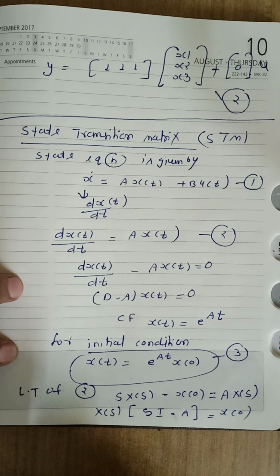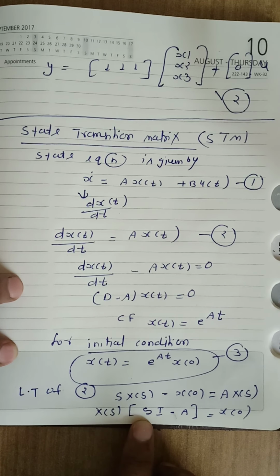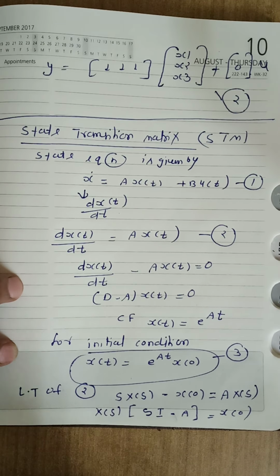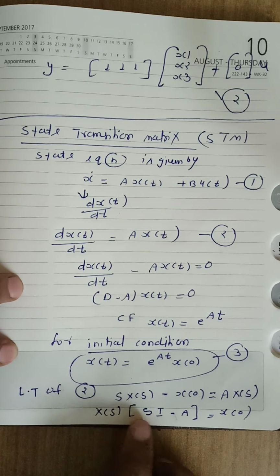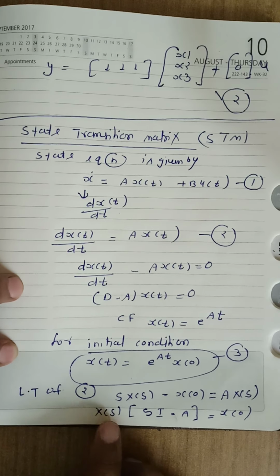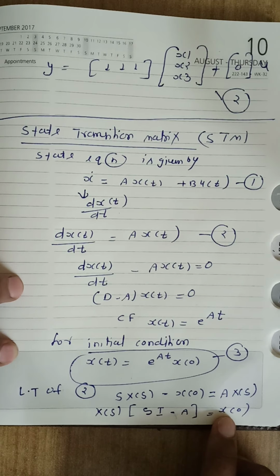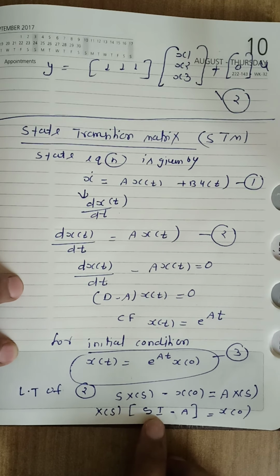So we cannot perform s minus A. s is not a matrix, it is a value. That's why we are writing s as sI. So we have X(s) within bracket (sI minus A) equal to x0. I means identity matrix.